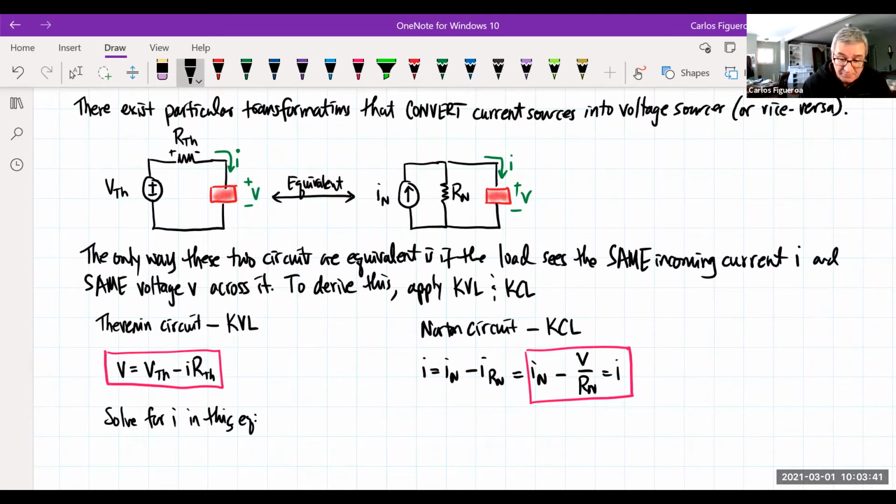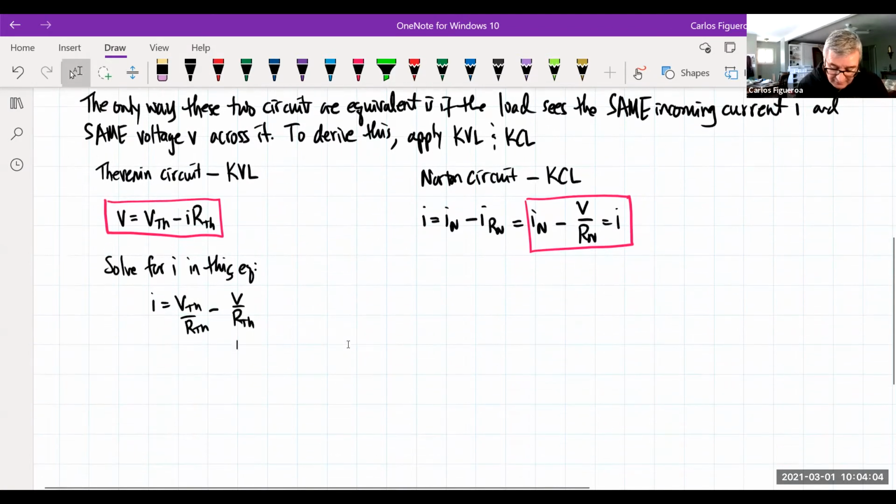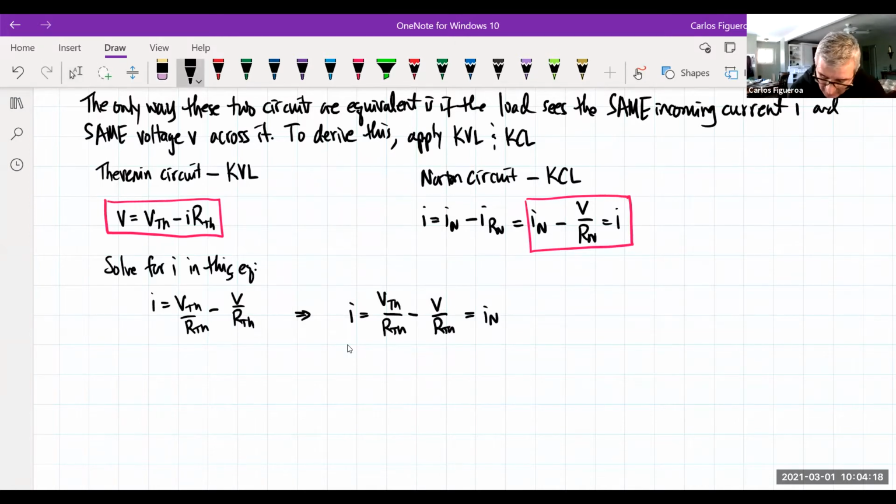And what I'm going to get is that I must be VTH divided by RTH minus, let me make sure I get my sign right, V divided by RTH. So if I do that, look what I get. On the left side, I have VTH over RTH minus V over RTH, and on the right side, I'm going to get IN minus V over Rn.